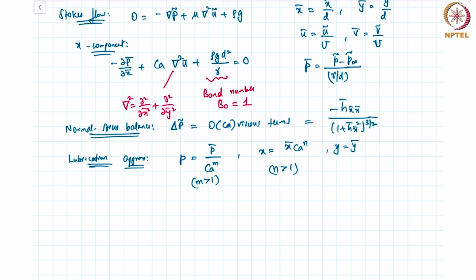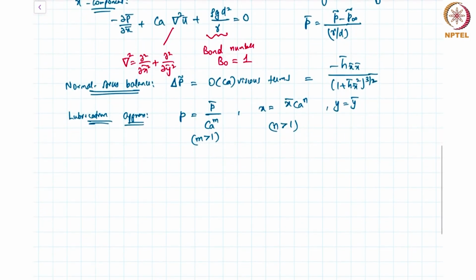Now we want to non-dimensionalize it. Now what's the logic for choosing n?